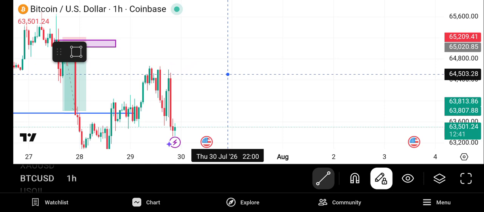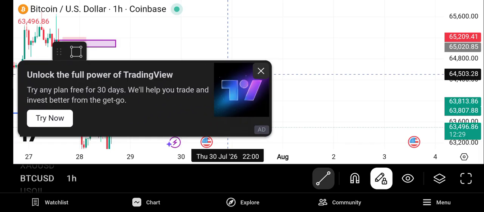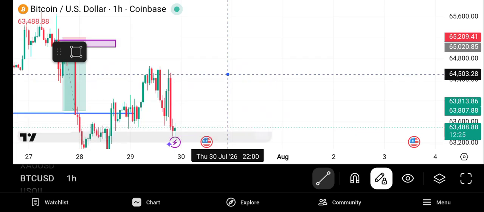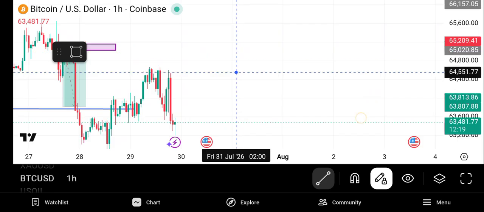Basically we have two ways that the market makes its movement: trending market and ranging market. But the trending market is divided into two, which are uptrend and downtrend. An uptrend is for a buy, and a downtrend is for a sell. Some people call the ranging market a consolidating market, others call it a ranging market.